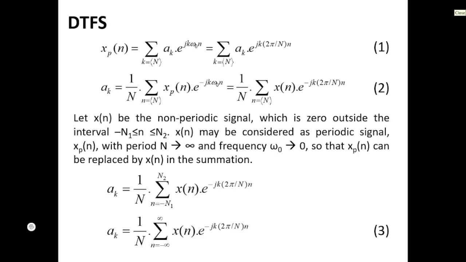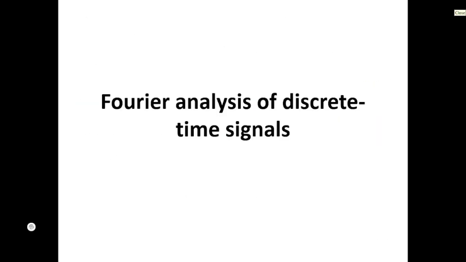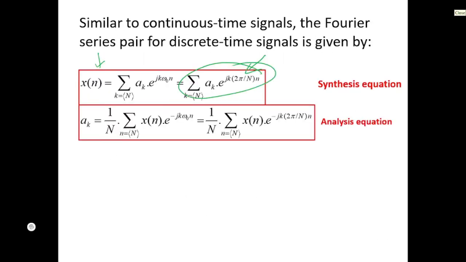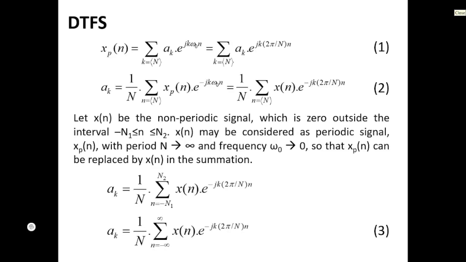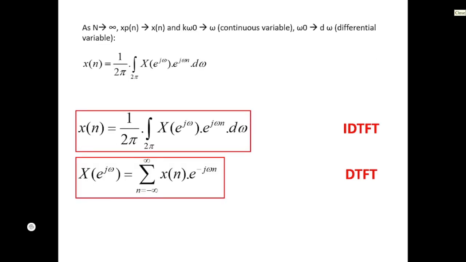Then the discrete time Fourier transform. In the discrete time Fourier transform, from the discrete time Fourier series we have seen that this was the case, and when we take the transform, we get the discrete time Fourier transform like this.